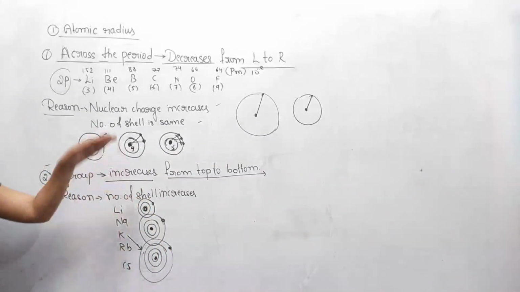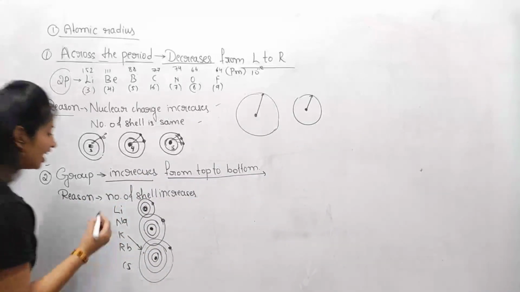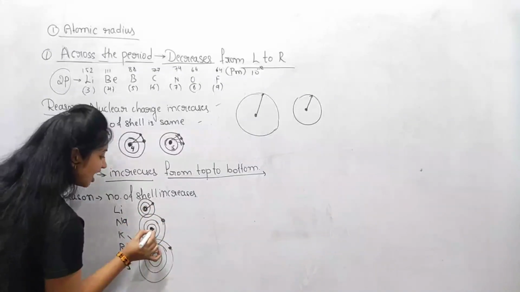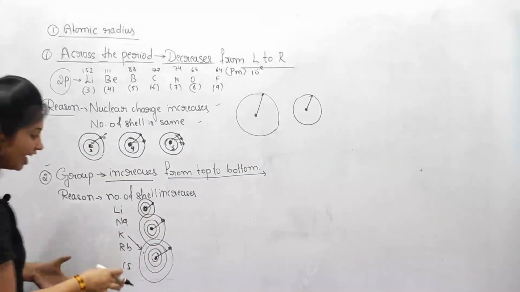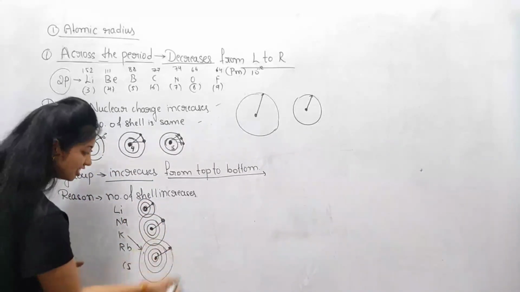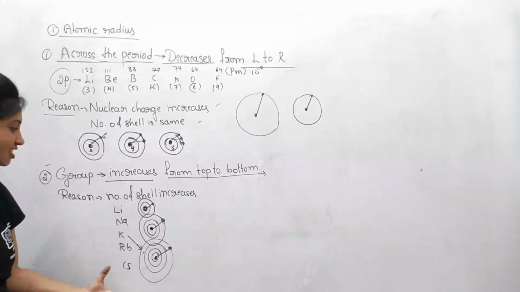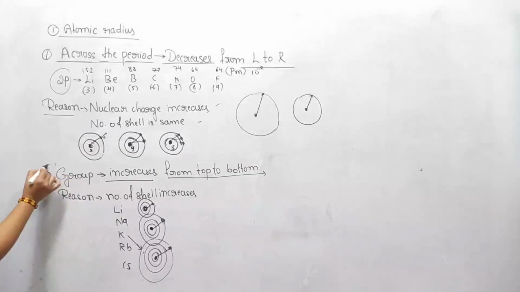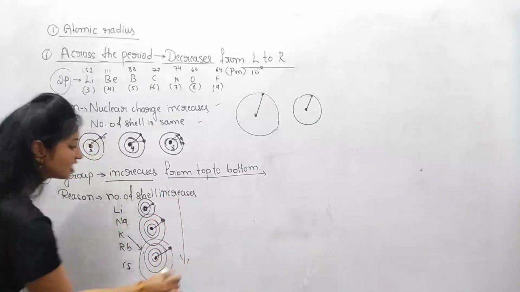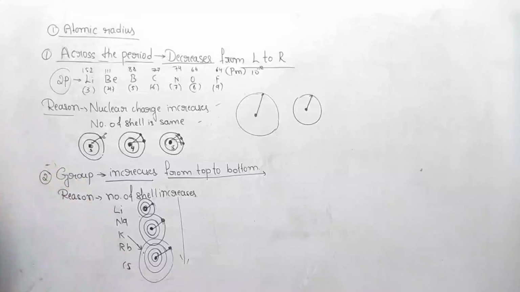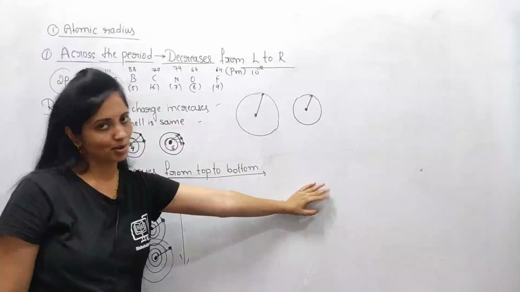So likewise, from top to bottom, the number of shells increases and the distance between the nucleus and electron obviously increases. So along the group, atomic radius increases, meaning atomic size also increases. So this is the reason the atomic radius increases from top to bottom.